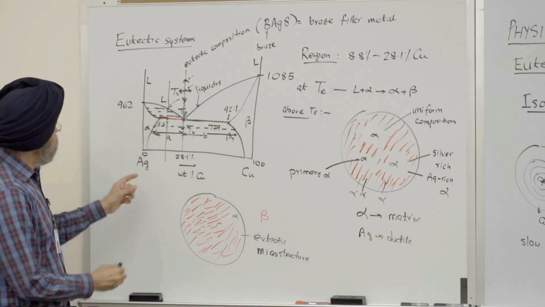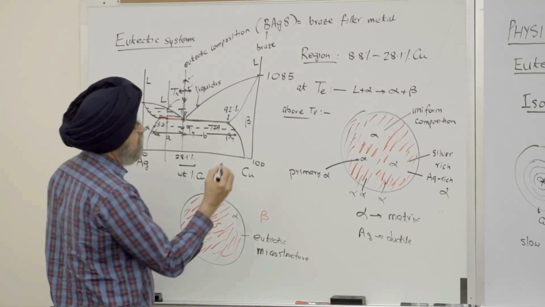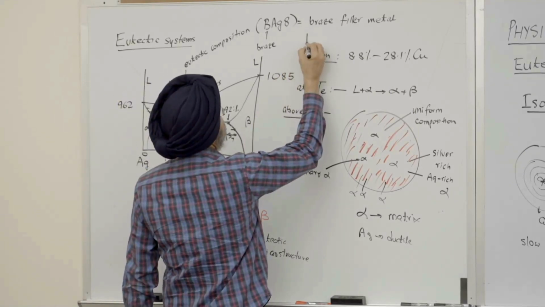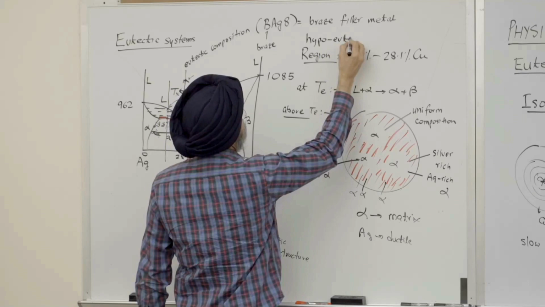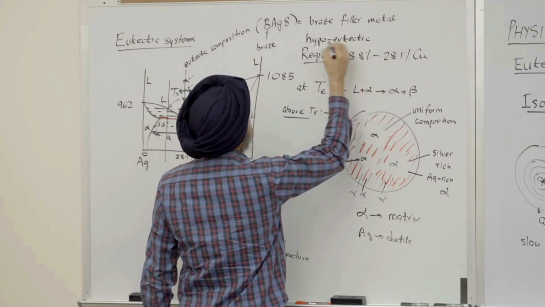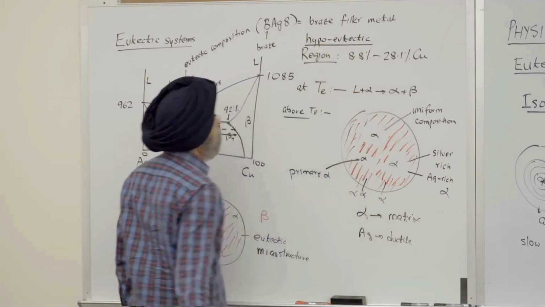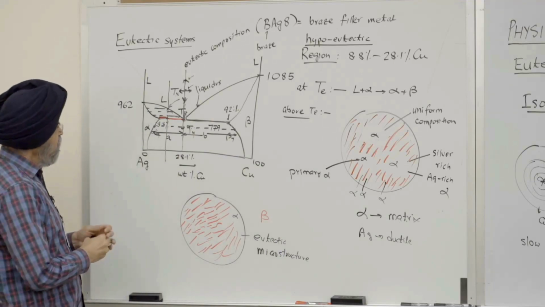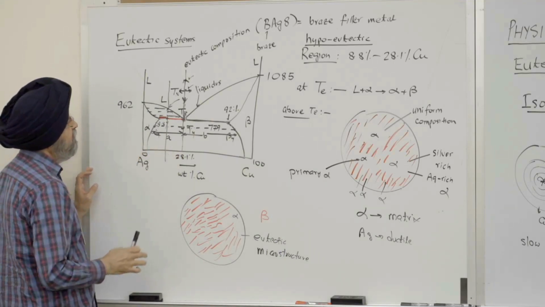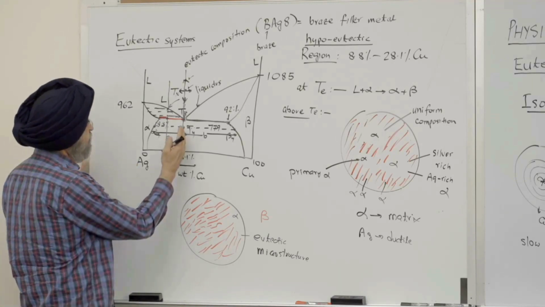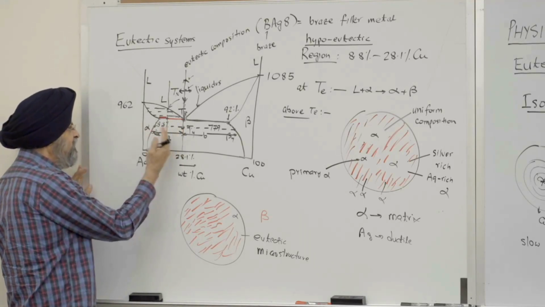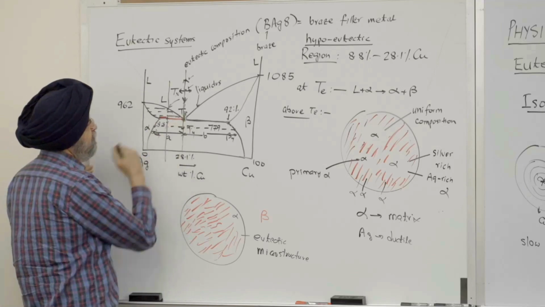Okay, so this region is also called the hypoeutectic region. So we're dealing with a eutectic system. Hypo means less than, so this is less than eutectic in terms of composition.